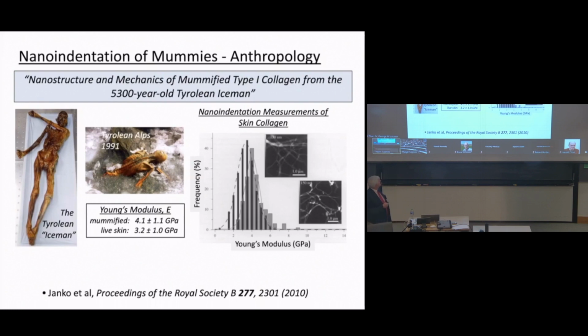They used nanoindentation to figure out what the Young's modulus of his skin was after 5,300 years in the glacier, and found out that Young's modulus had increased by about 33%, about a third, and they somehow turn that into the fact that that's how he was able to be preserved. I don't quite understand that one either.